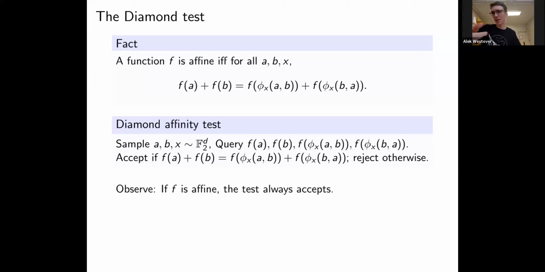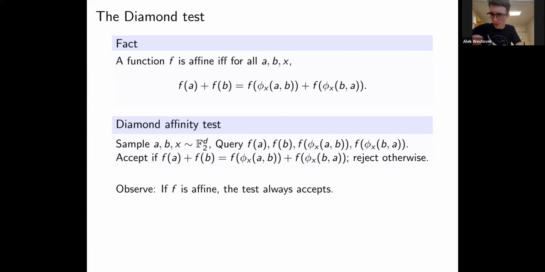But this test would make total sense if A and B, instead of being bit strings, were elements in a grid domain. This notion of shuffling whether or not something's in A or B between the two things is still totally legal in the grid. So maybe that says that this is a pretty interesting tester, and it's pretty different than the BLR test. And it also makes it harder to analyze for some reasons.